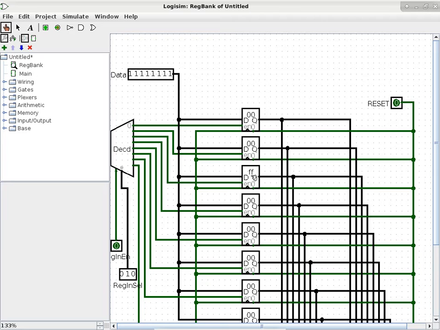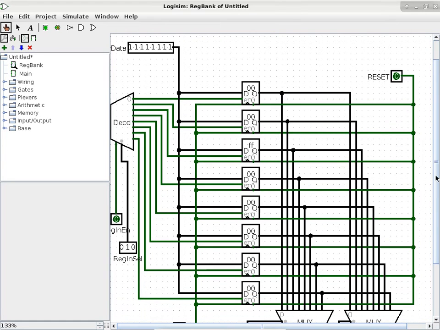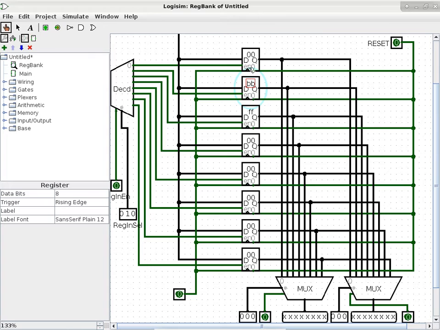Okay. So what we'll do next is to specify two outputs. So I'll just go ahead and plant values in this case. So let's say I want register B as one of the outputs, and I'll say BB is the content, and then I want register E to be the other output. Let's make this EE here. Okay.